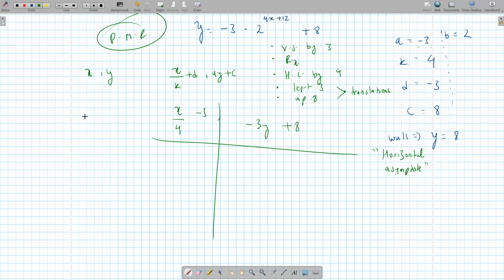Okay. Now what do we do next? We're going to come up with a table of values for the parent function, which in this case, we know the base is 2. So this is y equals 2 to the power of x. We're going to come up with the table of values for this one. Now again, we had some issues here yesterday. When x is -1, what is y?